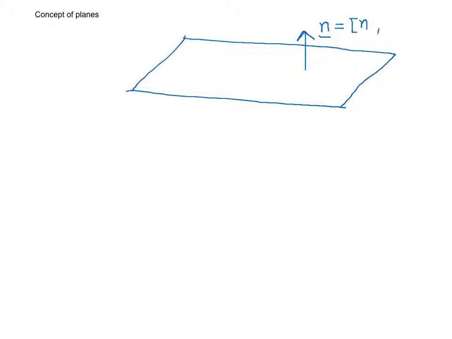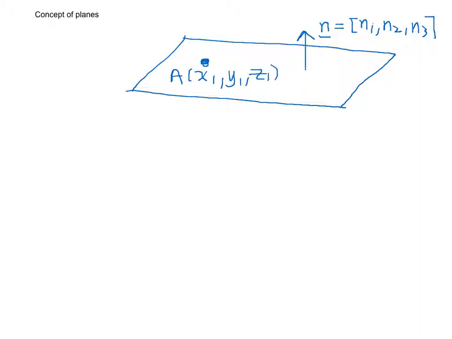That will be n1, n2, and n3. Now, suppose we also know a point where the plane passes through, which I will call A, and say the coordinates of A are x1, y1, and z1.